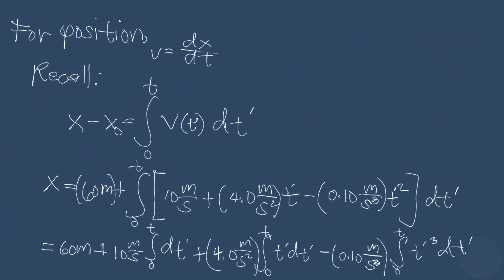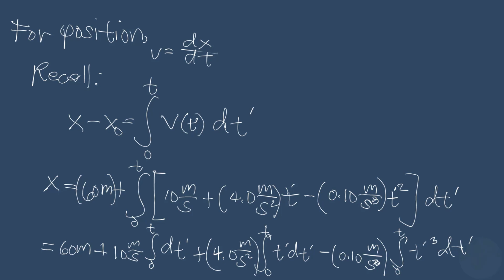To solve for Tanjiro's position, recall that the velocity is expressed in terms of the derivative of position with respect to time, wherein if we solve this expression, we get x minus x sub 0 equals integral of velocity times dt prime.